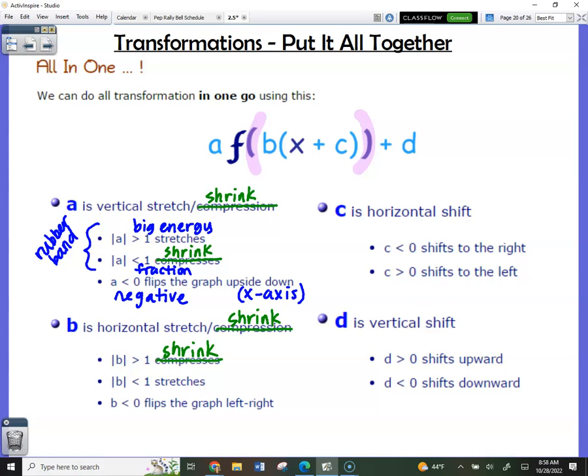B and C are inside bars. Those are the only ones that you have to stop and think. You have to be careful on B and C. It is going to be counterintuitive. And if B is negative, it's flipping over the y-axis. And that's it.